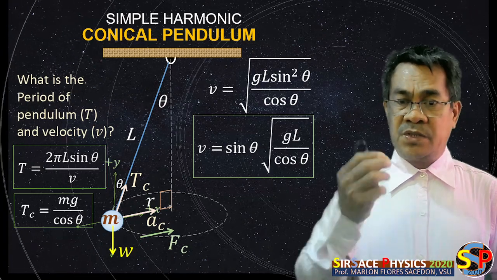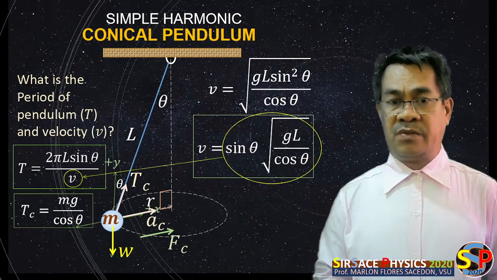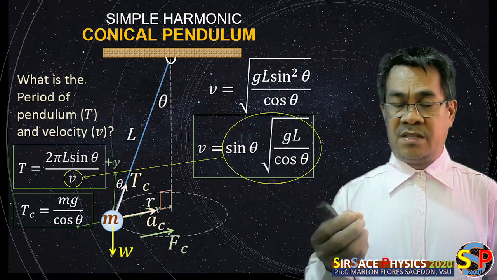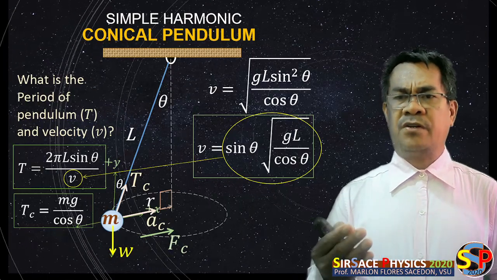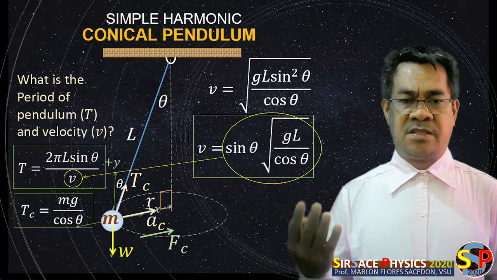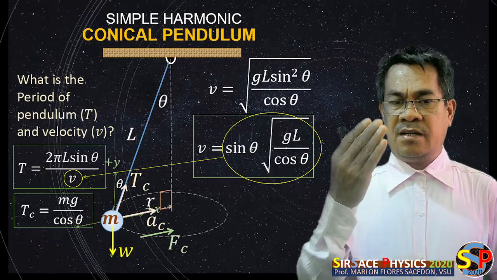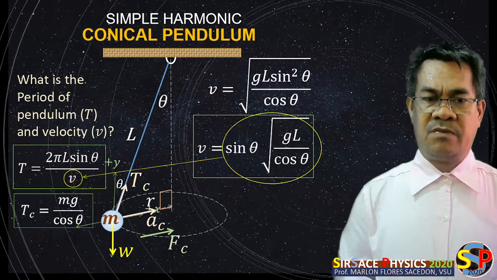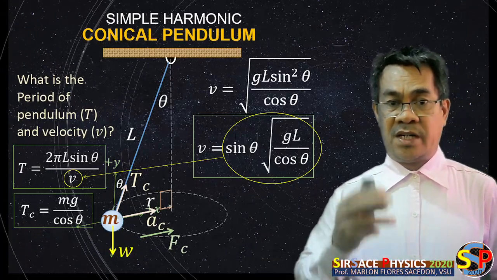Now, this velocity will be substituted to our previous derived equation, so replacing that velocity in order to provide the period of the pendulum, T, not tension. So replace the v with sine theta multiplied by square root of gL over cosine theta. Then take note that we can cancel.